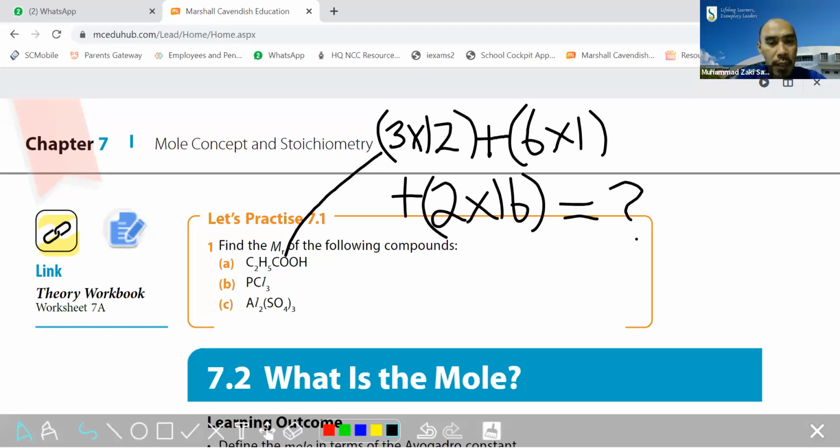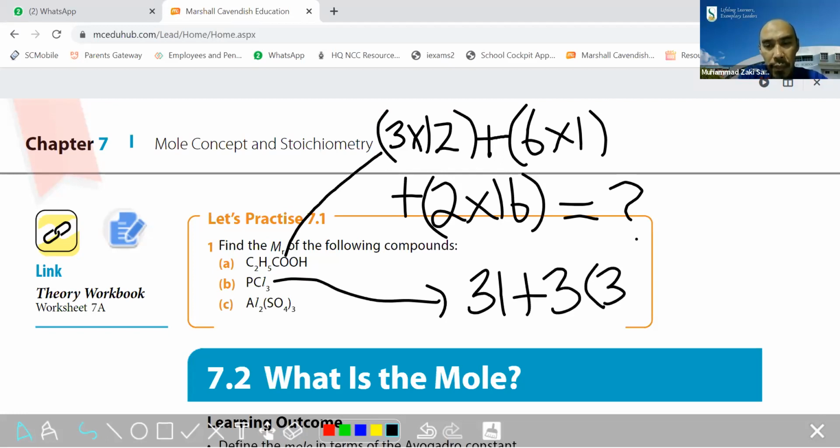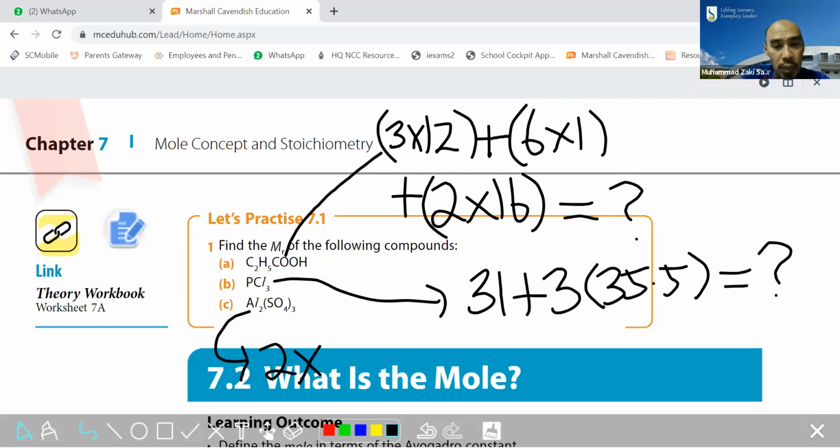So you do it yourself. Okay, phosphorus trichloride. Phosphorus is 31. There are 3 chlorine. Chlorine is 35.5. So there are 3 of them, 3 times 35.5. Then you get the answer. Lastly, aluminum sulfate. Here there are 2 aluminum, so it's 2 times 27. I hope I'm correct.